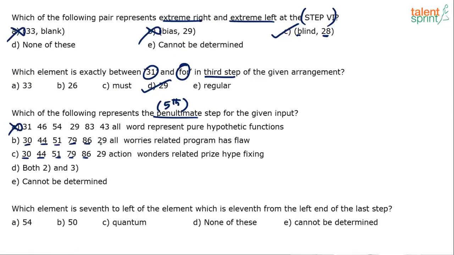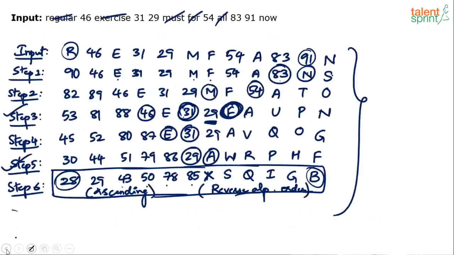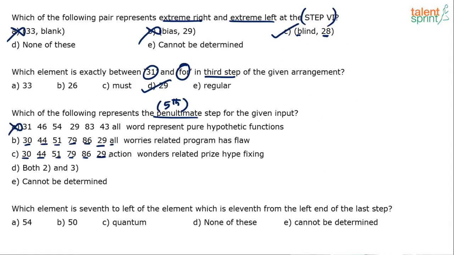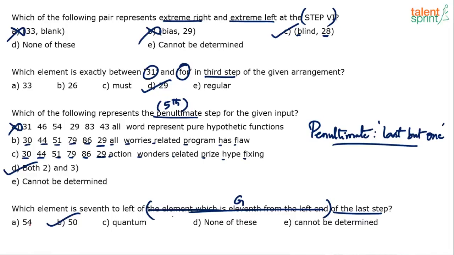That also matches. Then look at the letters. We have A, W, R, P, H, F. A, okay. W, okay. R, okay. P, okay. H, okay, and F. Which means cannot be determined, or both B and C. Answer is not D, answer should be B.